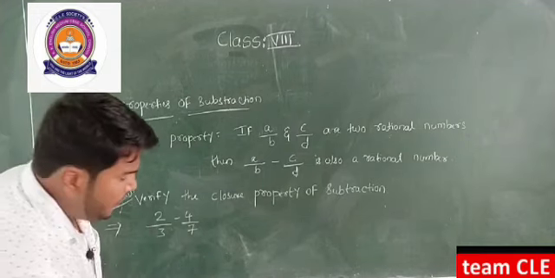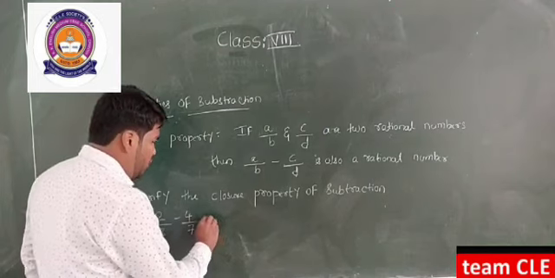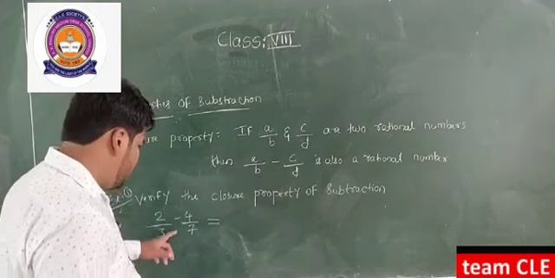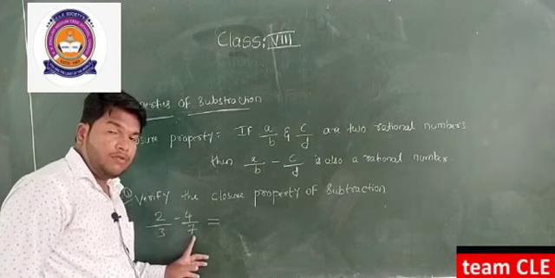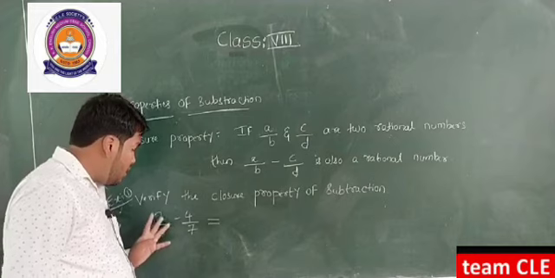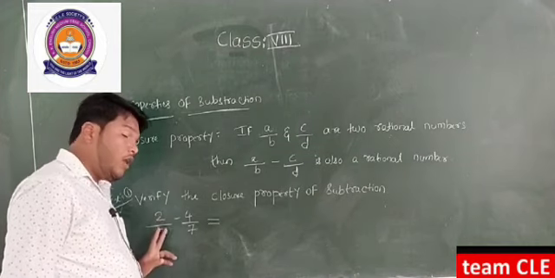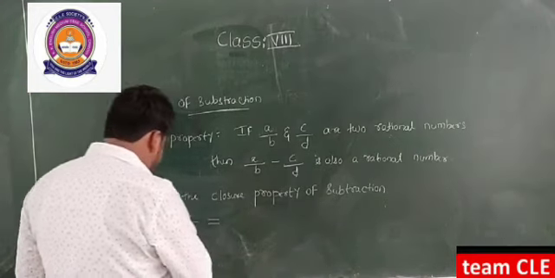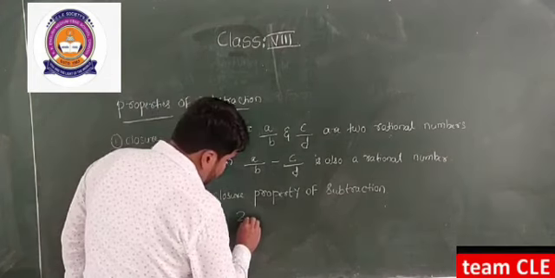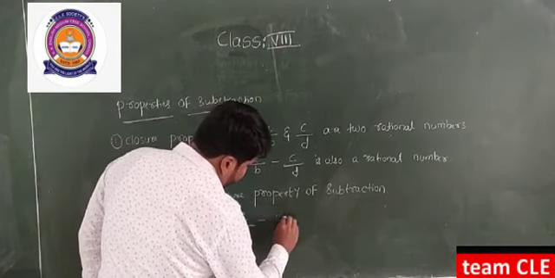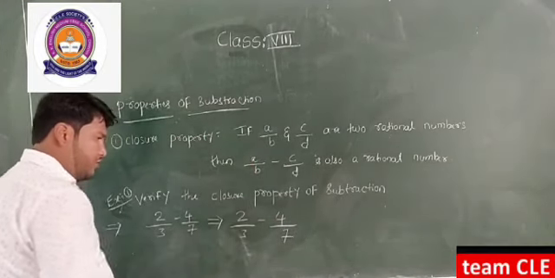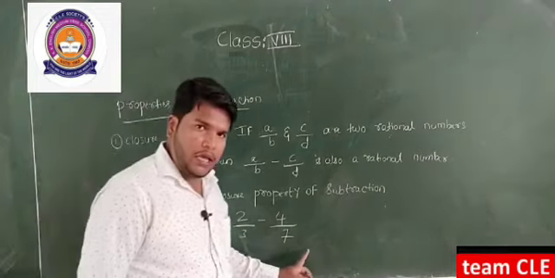All of you know the subtraction of fractions. This is a subtraction of rational numbers. In fractions a and b are natural numbers; here in rational numbers a and b are integers. Now see, 2 by 3 minus 4 by 7. First write this as it is. Next step we have to take the LCM.